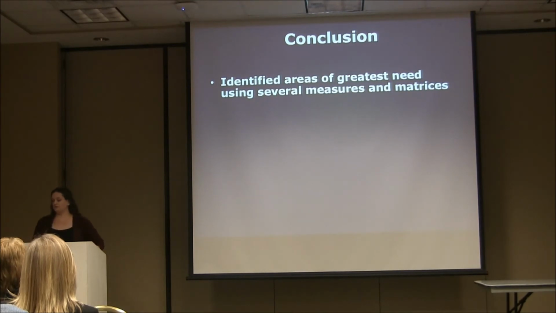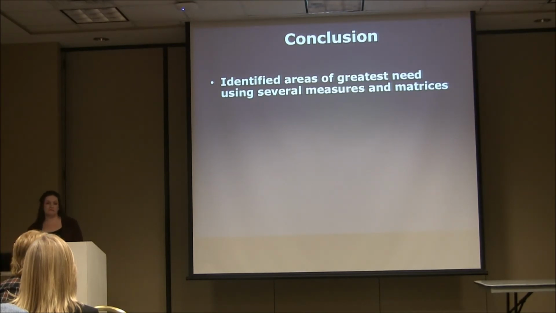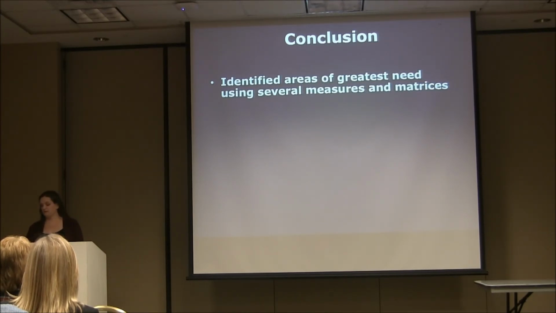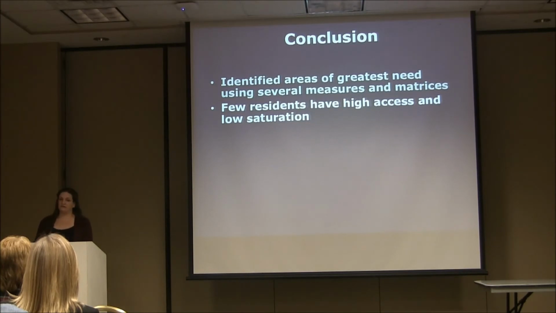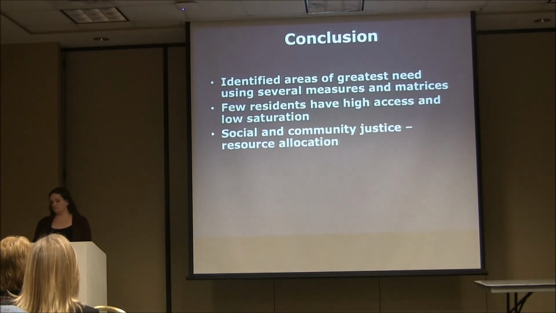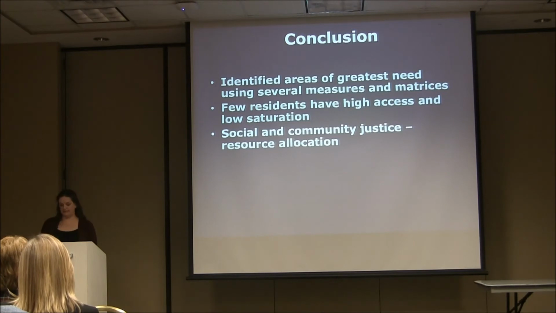So in conclusion, using this analysis, I was able to identify several areas of greatest need using different measures and indices. It turns out that very few residents in this area have high access and low saturation. So there are social and community justice issues that are related to this, food insecurity, land use policy, resource allocation being just a few of those issues.